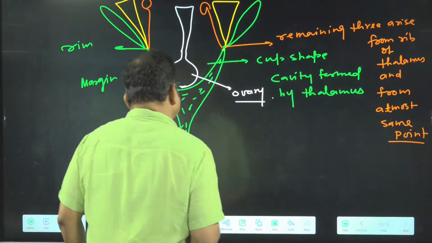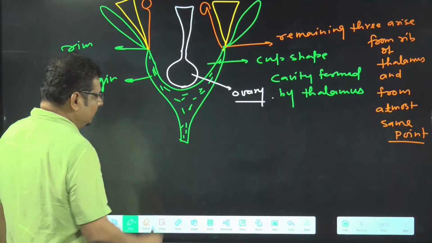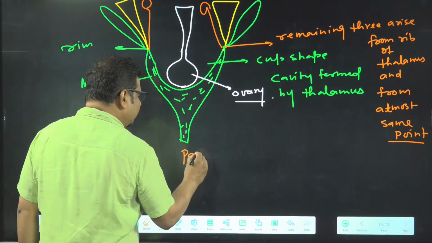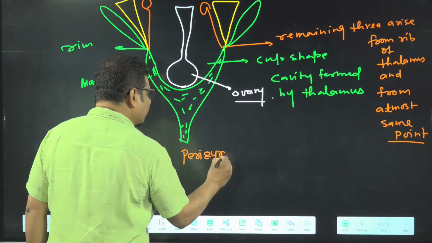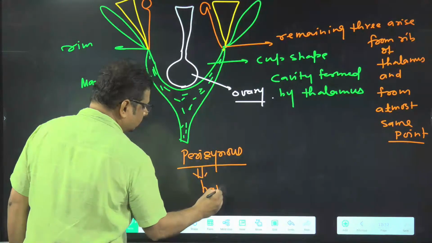And the ovary is present in this cavity. Tell me which kind? It is very good. Student has written: it is perigynous. And which ovary is there? Half inferior ovary.